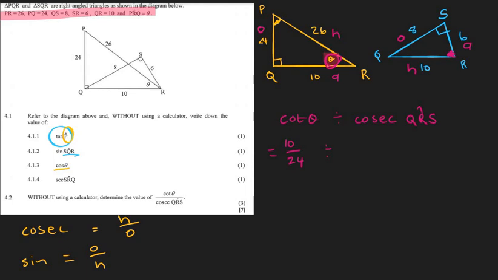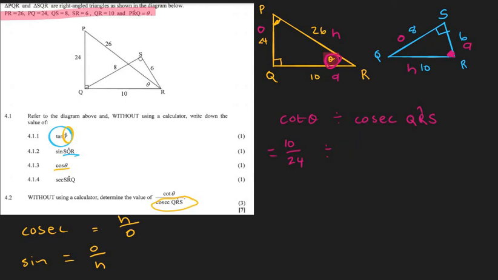Now let's see, hypotenuse is going to be 26, and that's going to be over, I'm making a mistake now, it's QRS, bit slow, there we go.